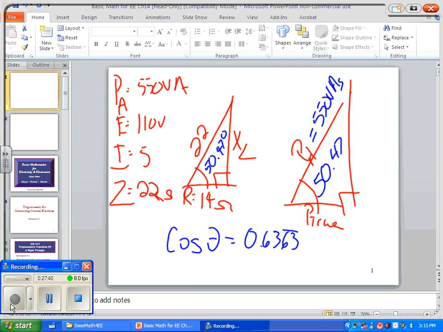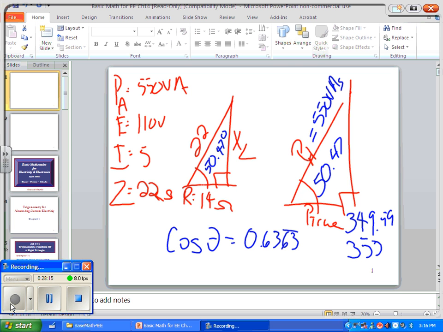Let's multiply 550 times 0.6363, which is in your calculator at the moment, right? So we just hit times 550. And we get, well, it's over 250, so what was it? 350.